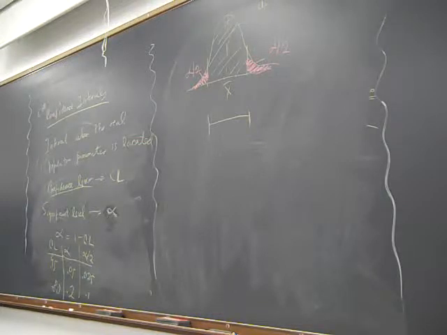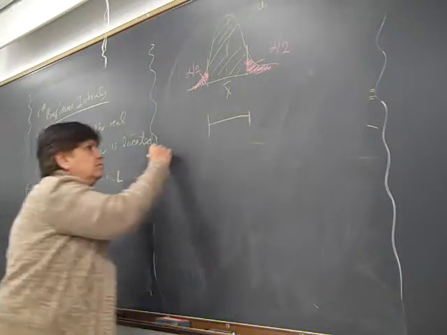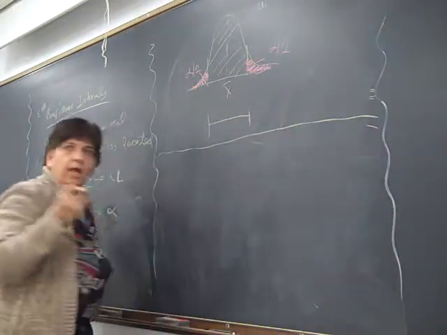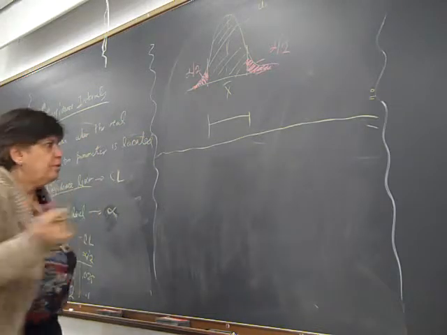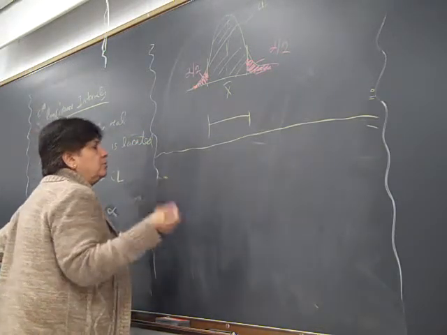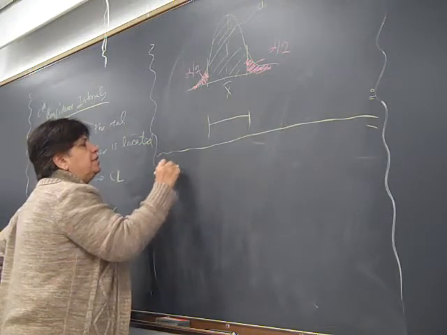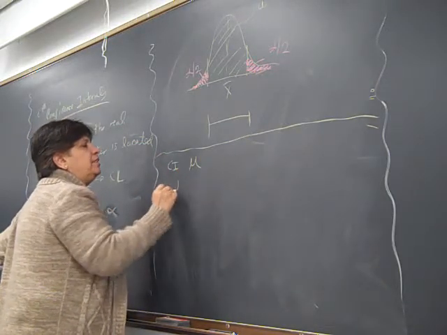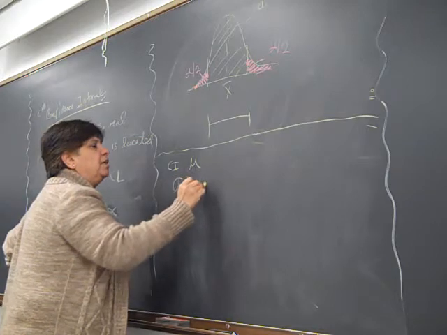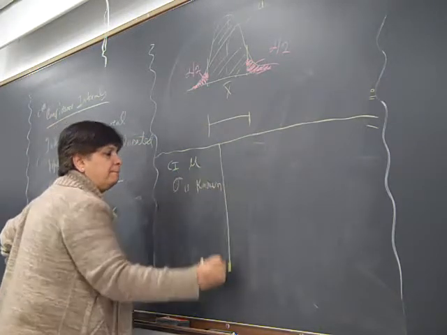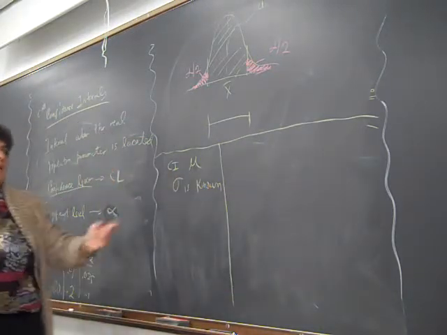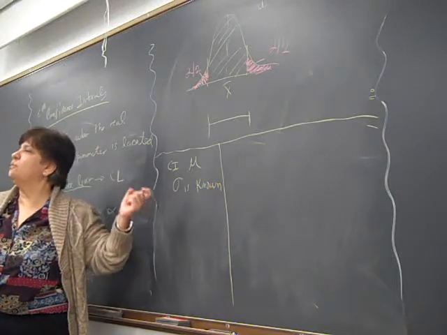Okay? In this chapter, we're going to cover 3 types of confidence intervals. The first confidence interval that we are going to cover is the confidence interval for the mu when sigma is known. When I know the standard deviation of the population.